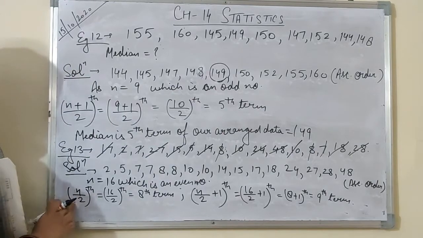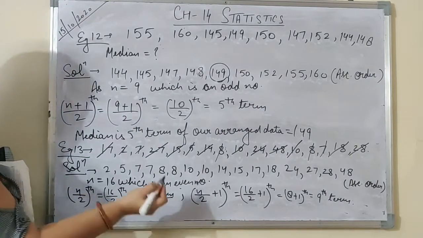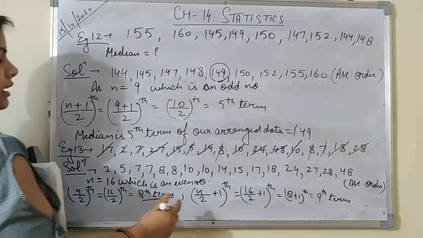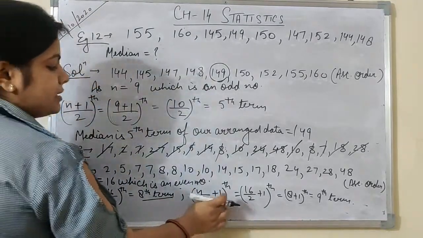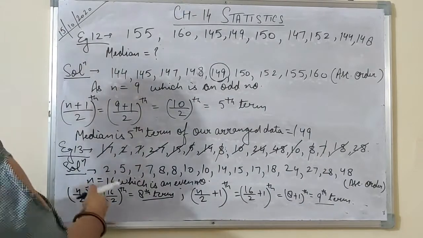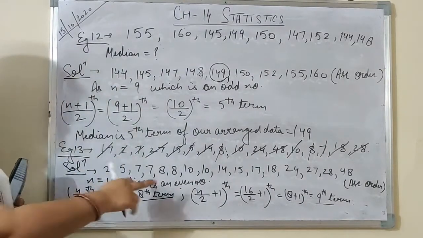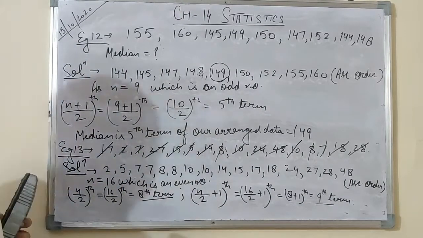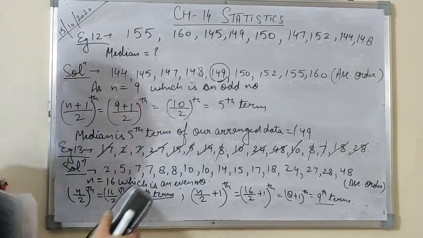First I found the n by 2th term, that is the 8th term, after putting the value of n. Then I found the n by 2 plus 1th term, that is the 9th term. I think till here there is no doubt.